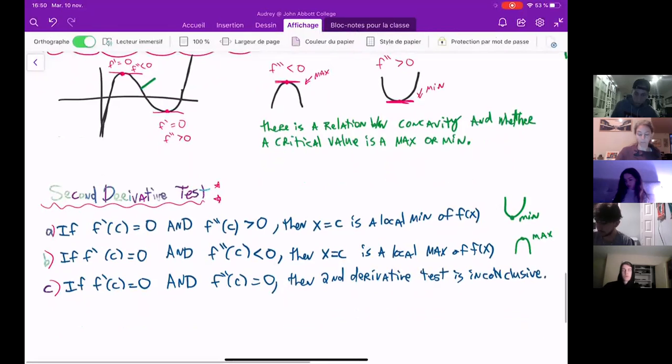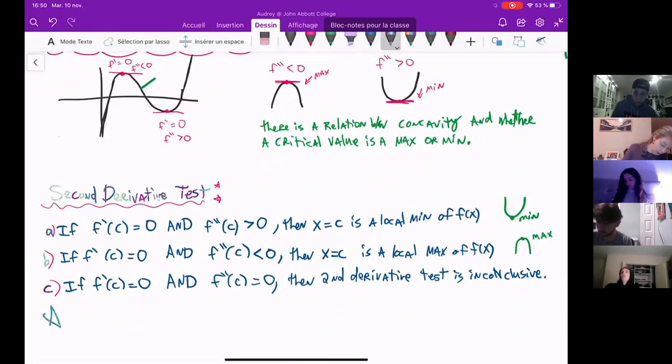And lastly, I'm just going to put this out here to make sure that you guys follow. We're really only looking at critical values where f prime equals 0. This does not apply to critical values where f prime does not exist.